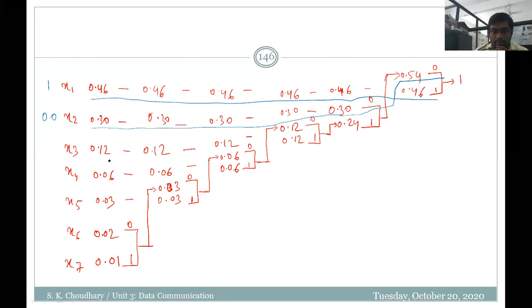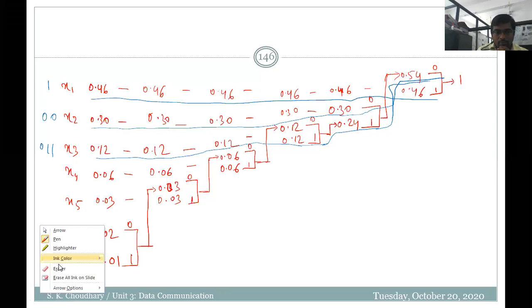Now for the case of x3, you can just trace it out. So what would be there? It is 0, then 1, then 1. So 0, 1, 1.